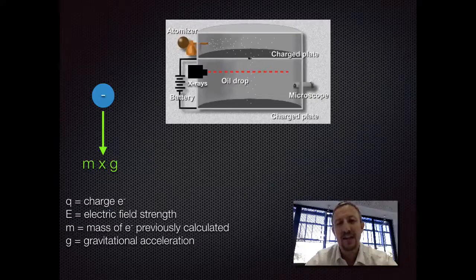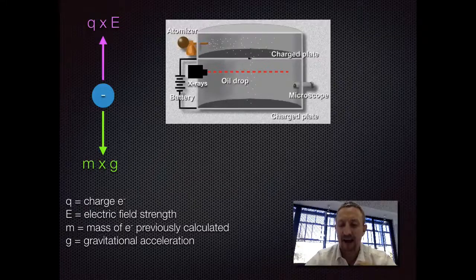He was able to get the drop stationary, and when he got it stationary, the electric field pulling it upwards equaled the weight force acting downwards. So we got these two forces: Q times E, the electric field force acting upwards, and M times G acting downwards. Putting these two forces together, we got Q times E equals M times G.